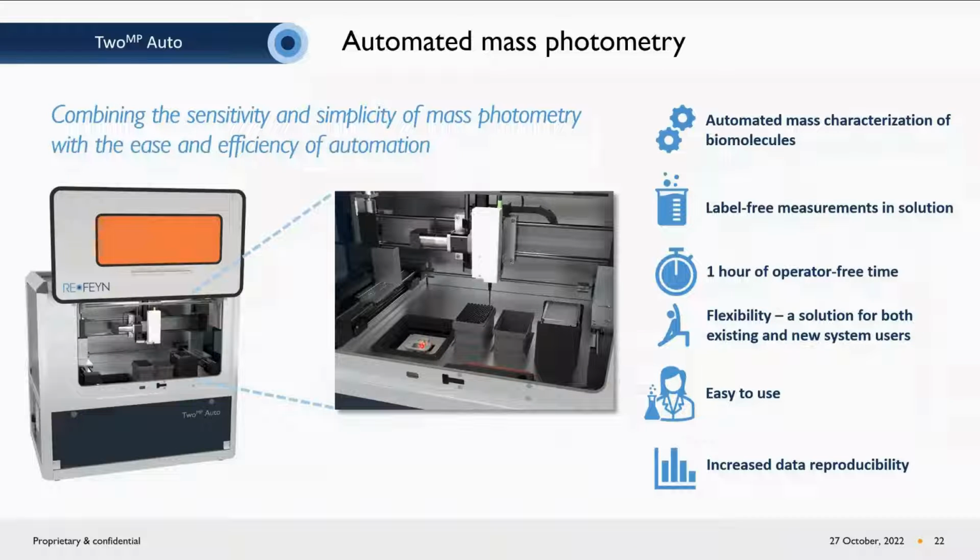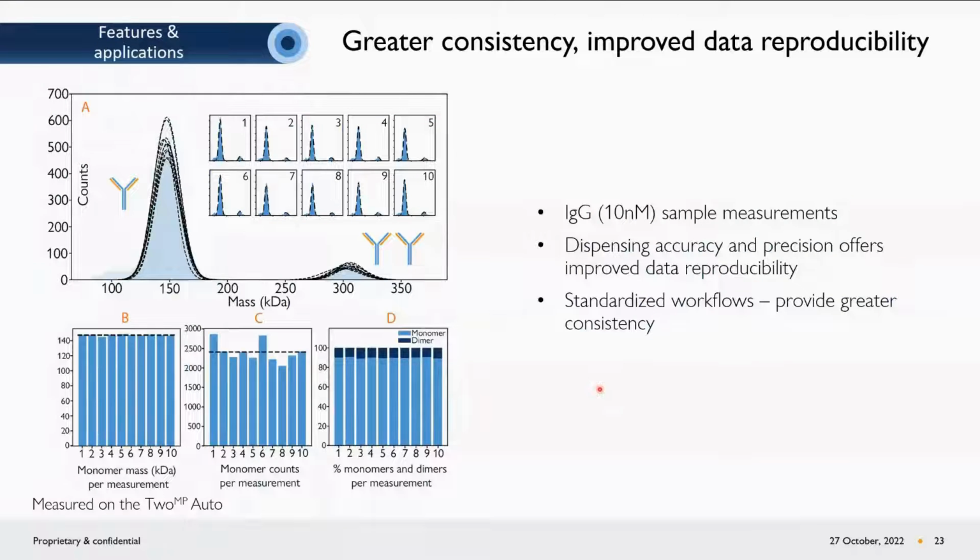After that, you have to exchange the glass slide and clean the system, put a fresh glass slide on, and you can measure another 14. The benefits of that is that you don't have to do the measurements yourself, but also because a robot is pipetting, you have increased data reproducibility. And that's what I would like to show you a bit further.